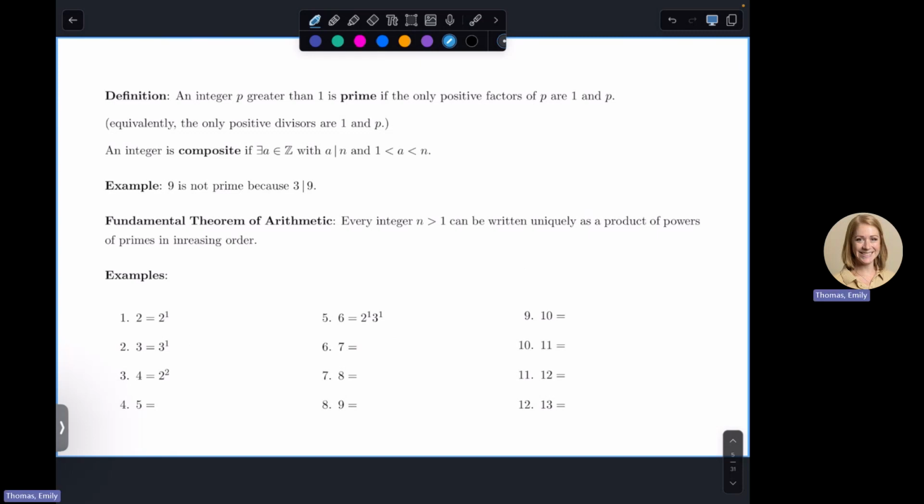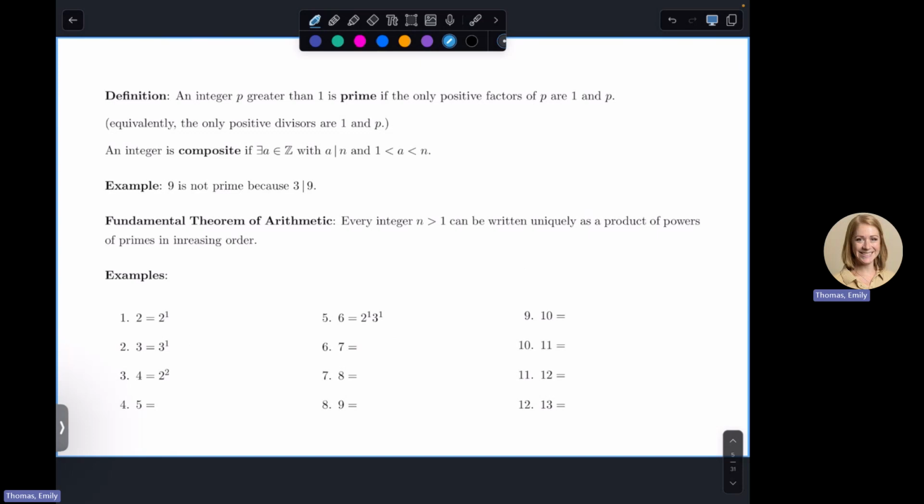Right. So then we have the fundamental theorem of arithmetic. It says that every integer greater than 1 can be written uniquely as a product of powers of primes in increasing order. This is just that you can factor everything down to primes. So 2 is 2 to the first, 3 is 3 to the first, 4 is 2 squared, 5 is 5 to the first.